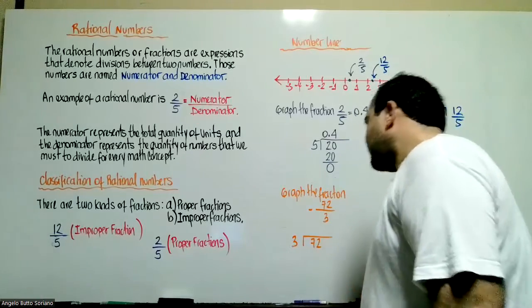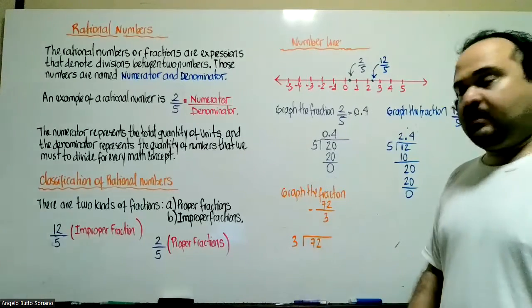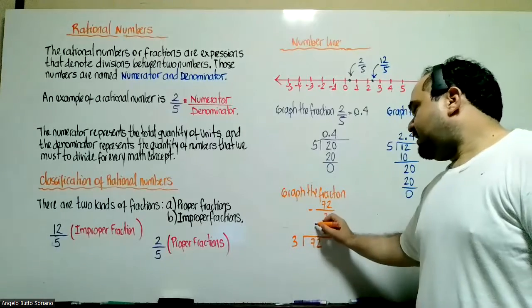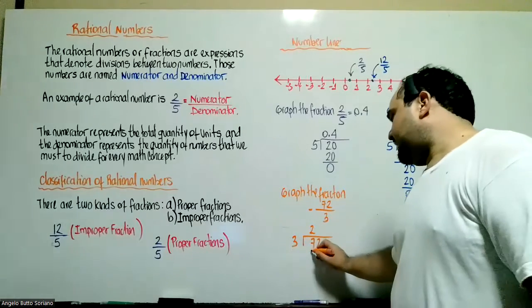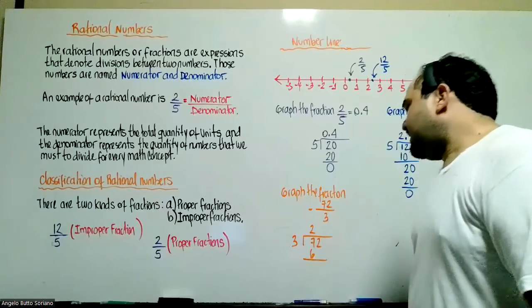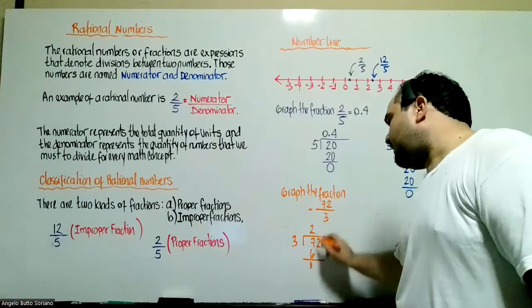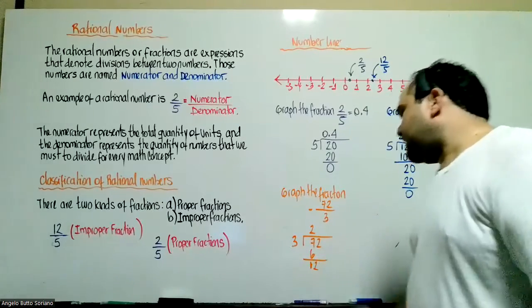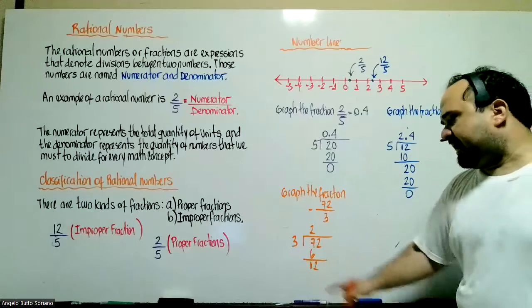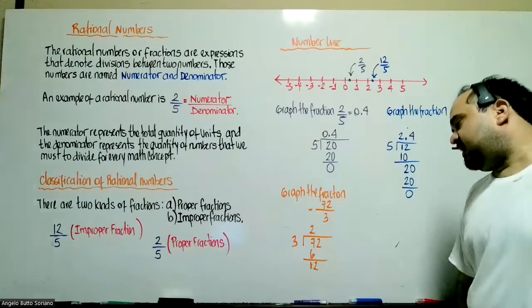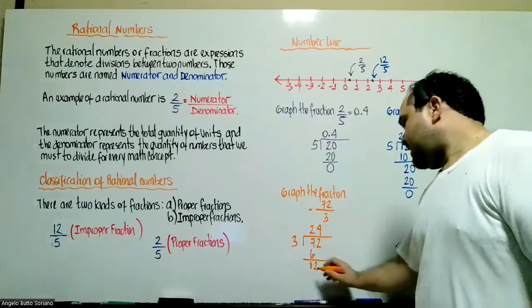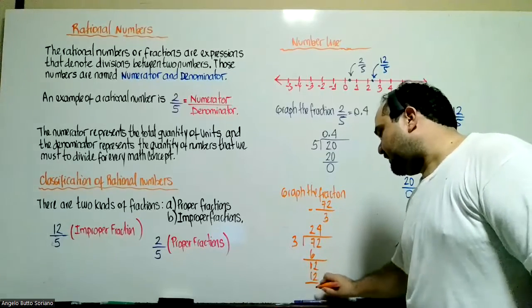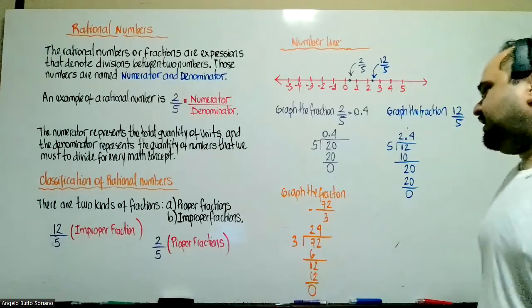Okay, what number multiplied by 3 gives us 7? That will be 2, because 2 times 3 is 6, and 7 minus 6 is 1. We bring down the number 2, and then we have 12. 12 divided by 3 is 4, and 12 minus 12 is 0.